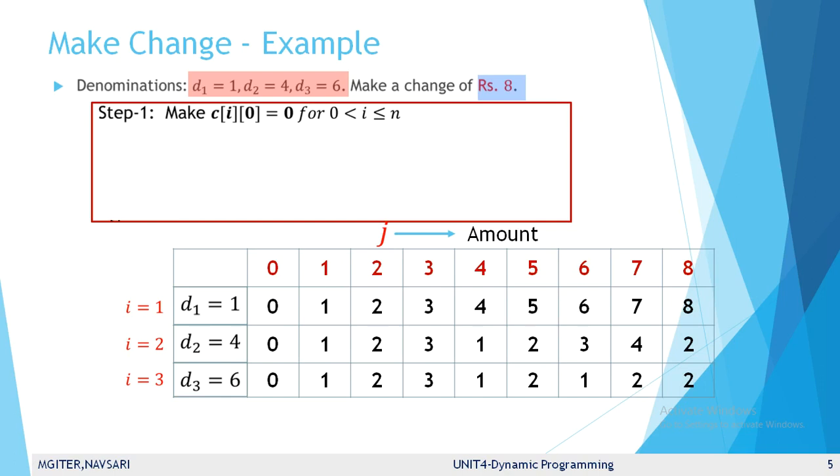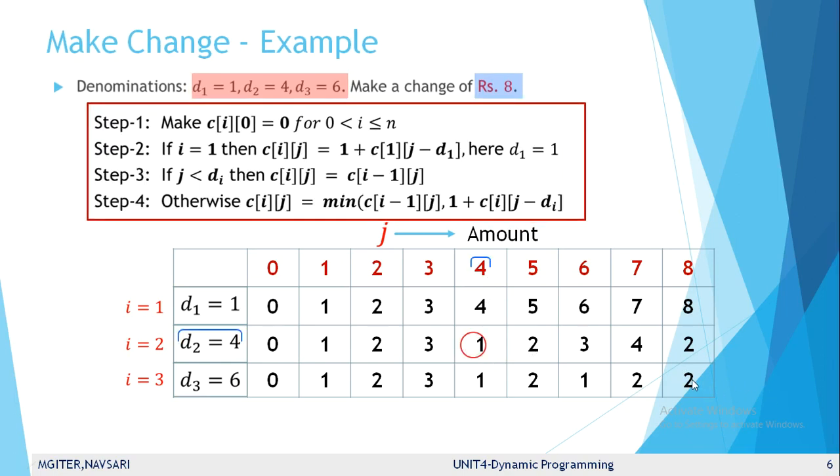Here we use 2 coins for 8 rupees, that is 1 coin of 4 rupees and another coin of 4 rupees. Now here i equal to 2 means denomination is equal to 4, and j is equal to 4, so condition number 4 is used, where j is greater than or equal to the denomination.